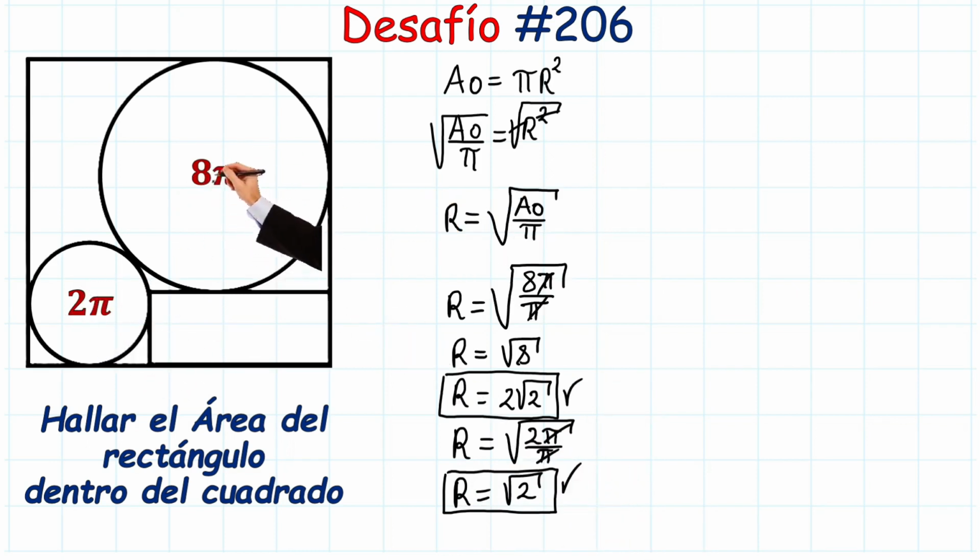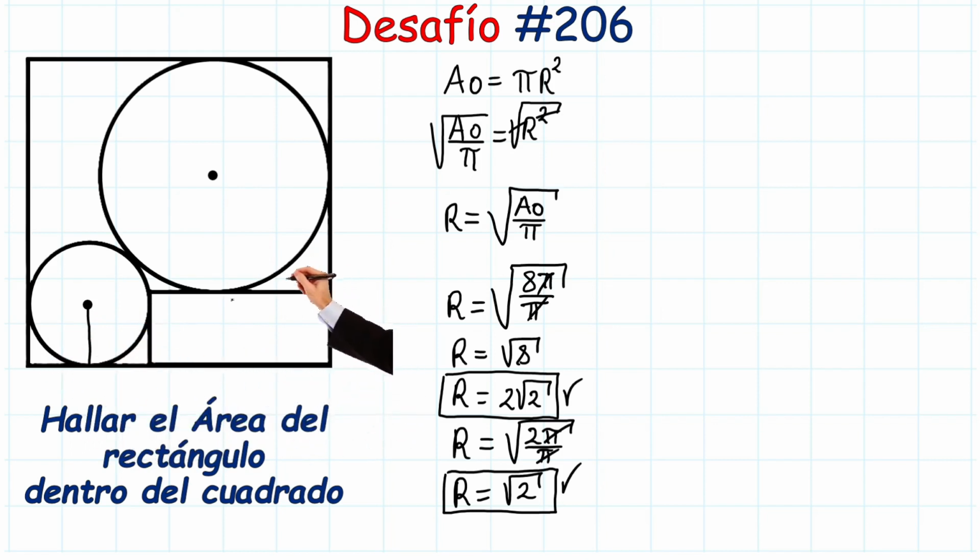We can erase this part here, which are the areas, and the center point of each circle will appear. Now let's draw a line from the center point of the small circle all the way down to the tangent point of the circle with the base of the square. So this one here has the radius, so it's going to be square root of 2.